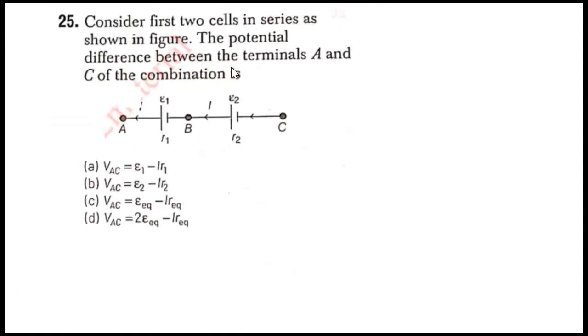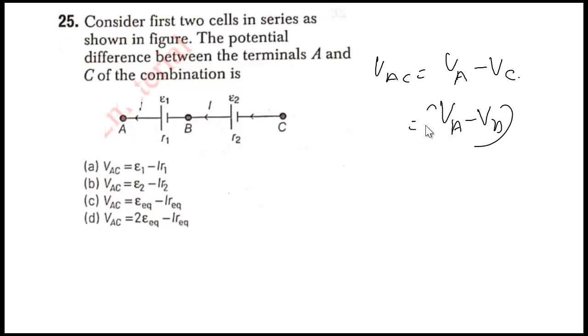See here, consider two cells in series as shown in figure. The potential difference between the terminals A and C of the combination. See, potential difference VAC. This one as such is there in our theory part itself. See how we will be doing this. VAC equals VA minus VC. How can we find out the potential difference at A? VA minus VB, and I am adding VB minus VC, taking minus VB plus VB.